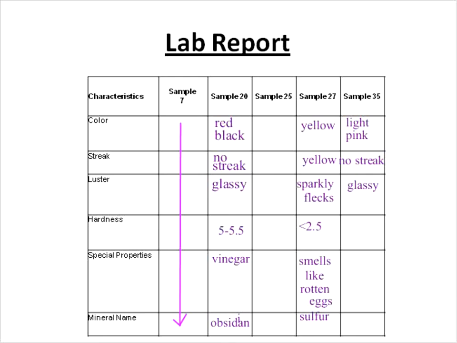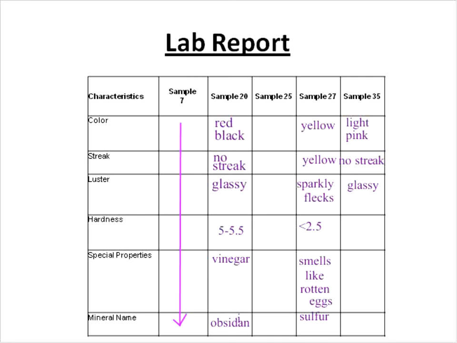Let's take a look. You guys might be waiting for this. Anybody remember? Our nail is 4.5. So my nail scratched it, but my penny did not. So our range is what for hardness? My penny's 3.5. It didn't scratch it, but my nail did.